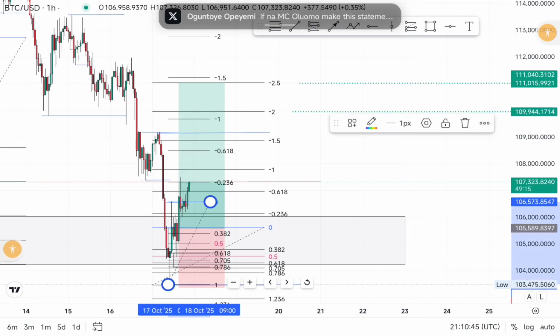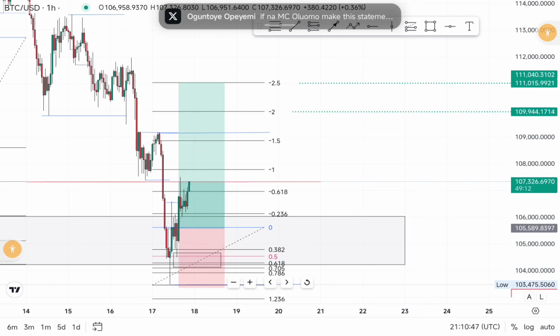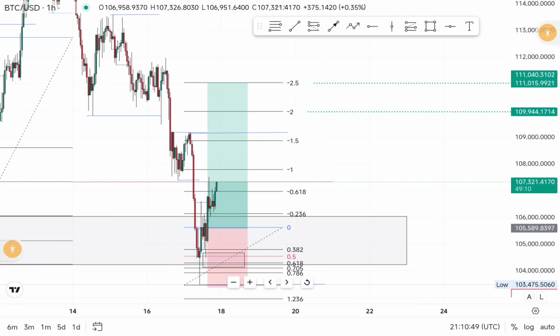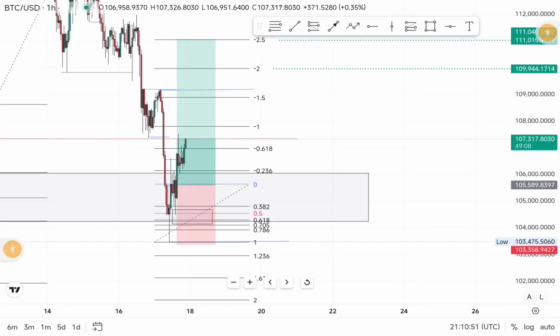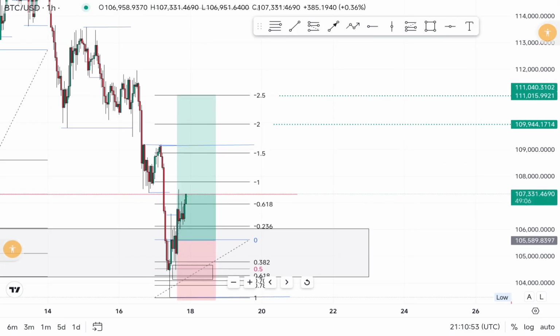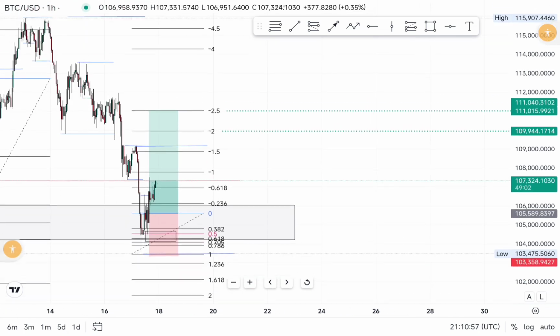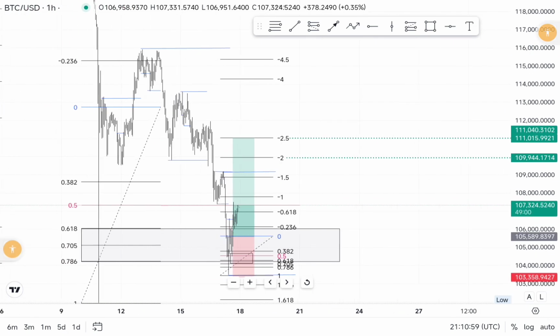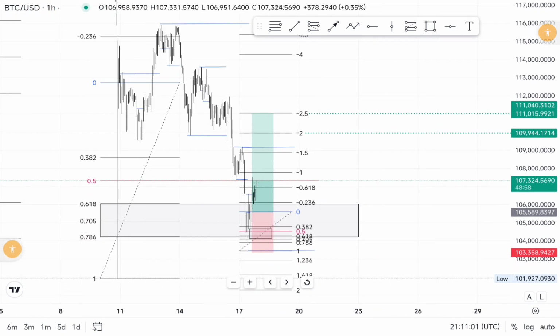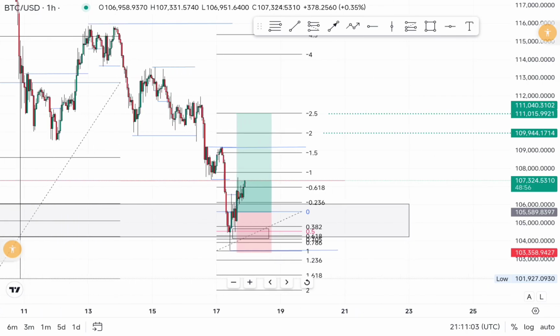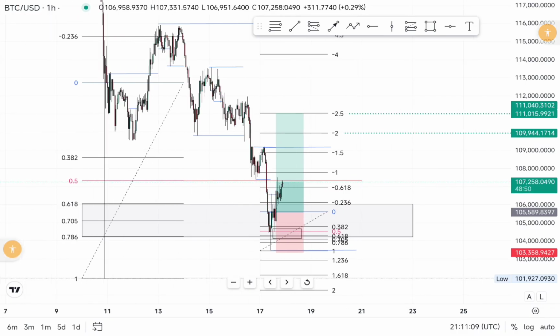So guys, I think with what we've done, we can just hope for a winning probability of 75%.